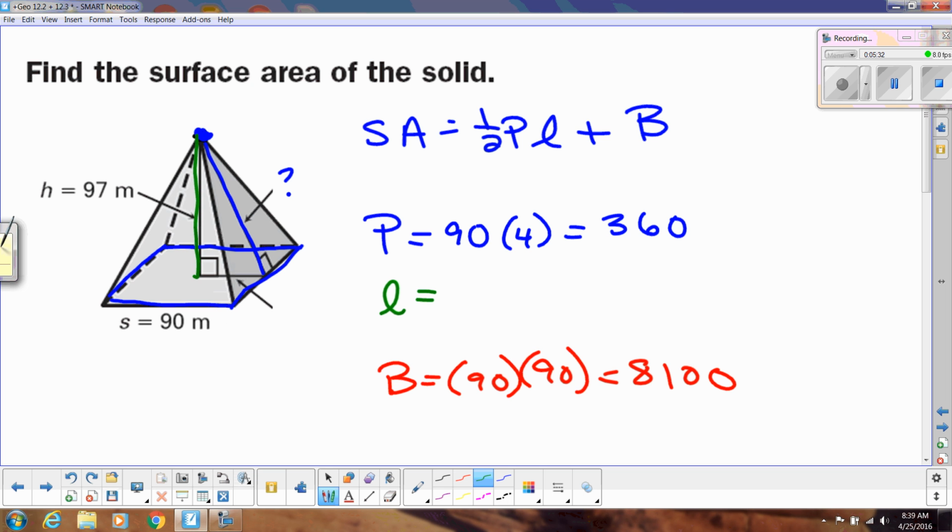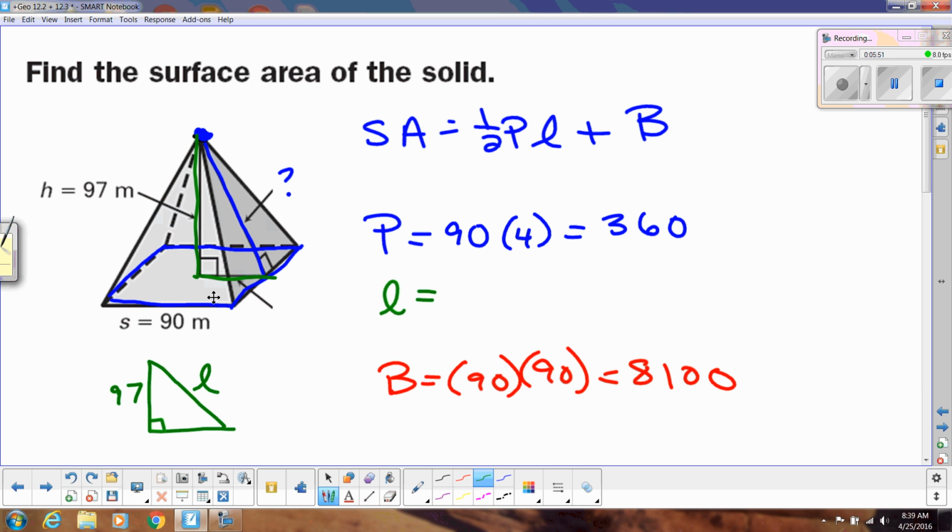Do you see how this makes a right triangle? And so I'm going to redraw that right triangle. So I can do Pythagorean theorem using that height, the 97, and finding this other leg of the right triangle.